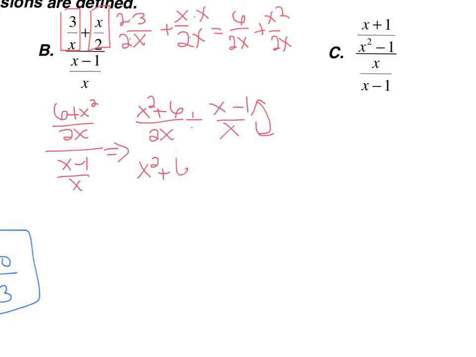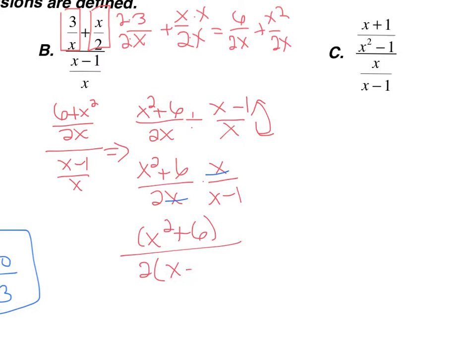So x squared plus 6 over 2x times x over x minus 1. And we can cancel out an x from the top and bottom because it's multiplication. And we end up with x squared plus 6 over 2 times x minus 1. So we can either see it like that, or we can have x squared plus 6 over 2x minus 2.